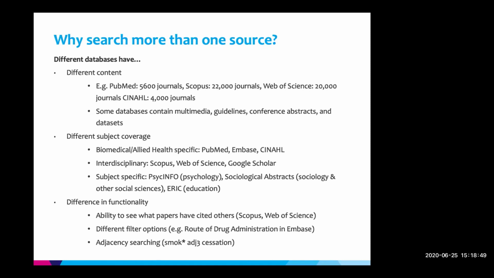Like I said, when I ran that one search in PubMed and it expanded it for me and did all that work, compare that to what happened when I ran that same search in Scopus. Really different functionality. So even though there might be similarities in coverage, what's happening to your search behind the scenes is different. So it's really important to jump around and take advantage of that across databases.